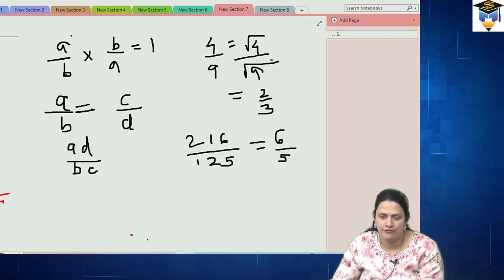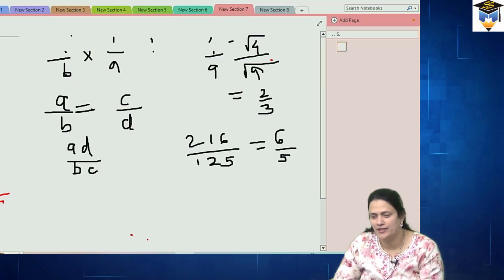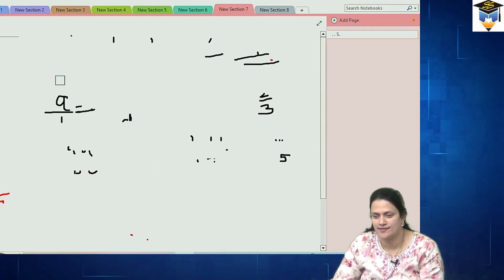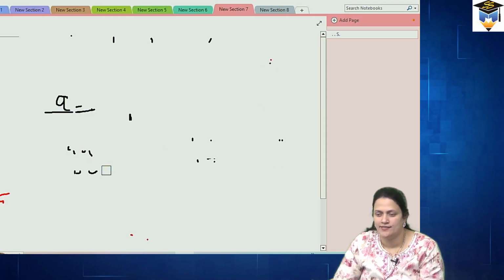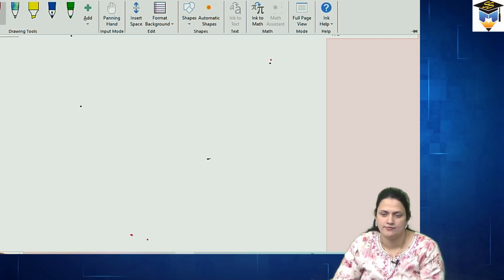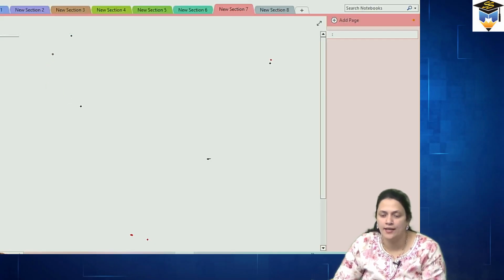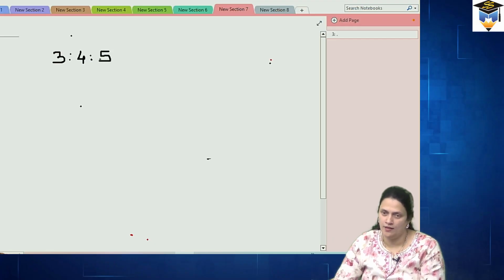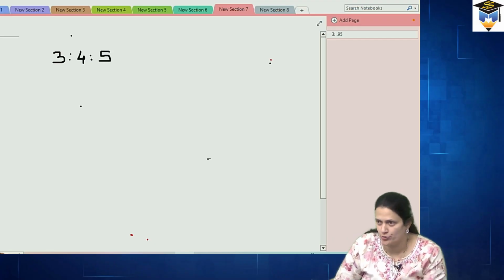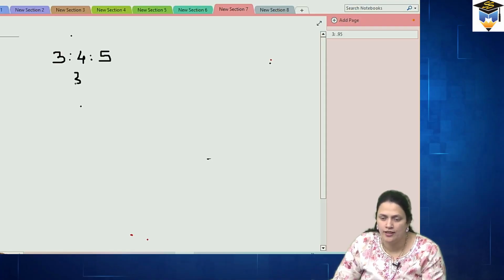Suppose if they have given us, let me erase this. Now if we want to find out continued ratio, how am I going to write it? 3 upon 4 is equal to 4 upon 5.